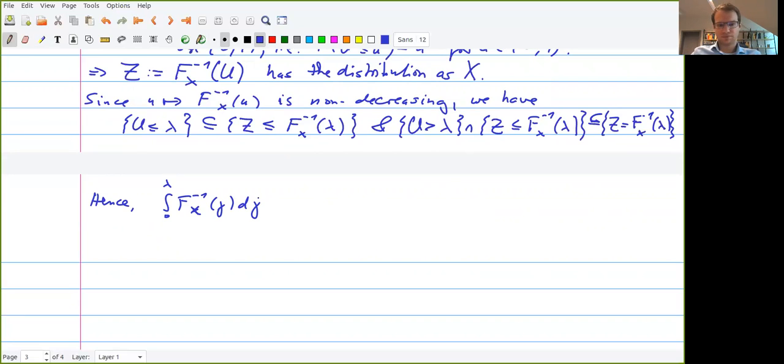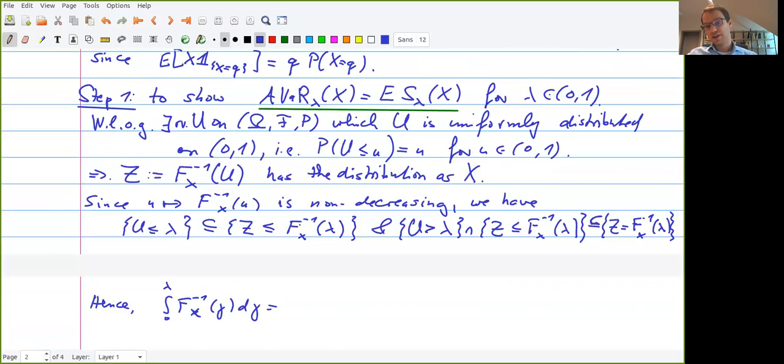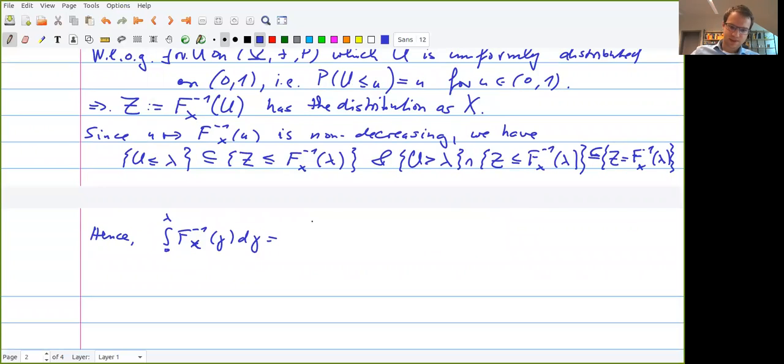This is what we want to calculate, and we want to relate it to the expected shortfall. So what is this? That's nothing else than Z. This is the function Z, so this is the expected value of Z, integrated in probabilistic terms over U being less than lambda.